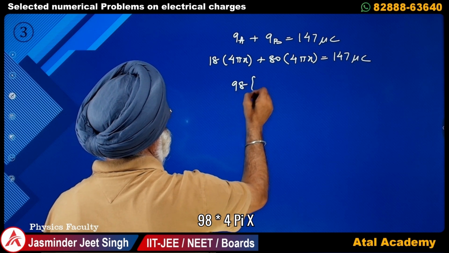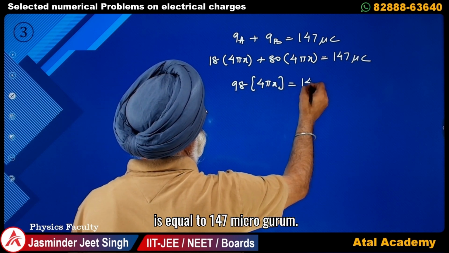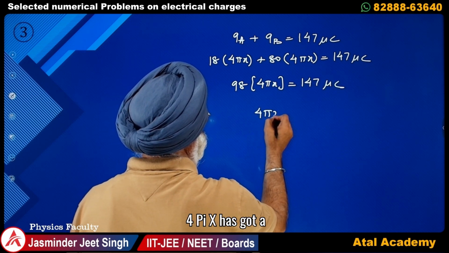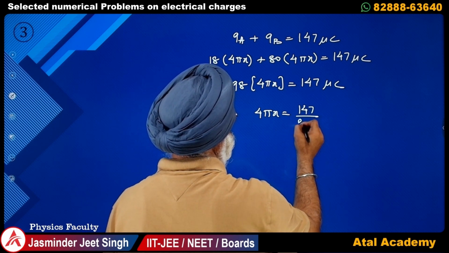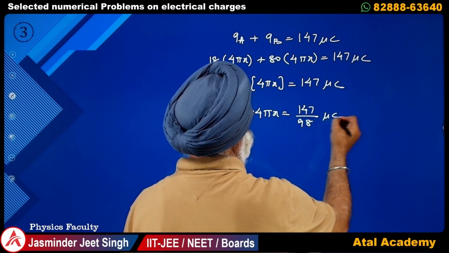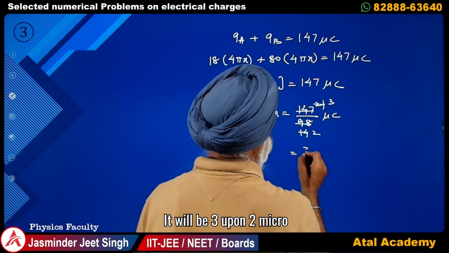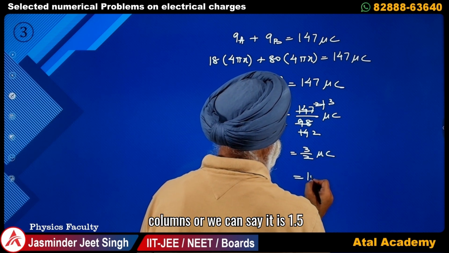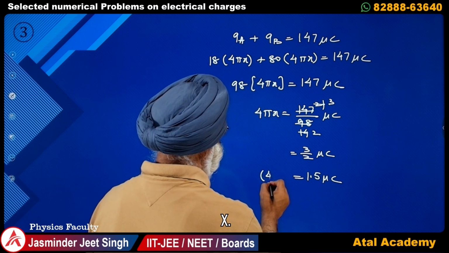That is 98 into 4 pi x equal to 147 microcoulomb. So 4 pi x has a value of 147 upon 98 microcoulomb, which is 3 upon 2, or 1.5 microcoulomb. This is the value for 4 pi x.